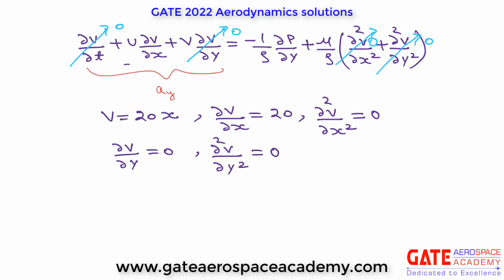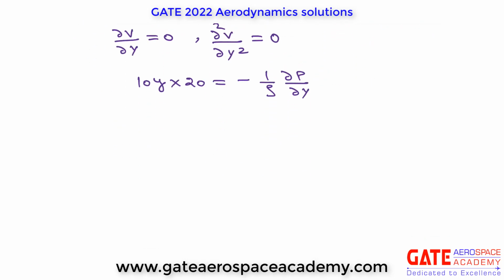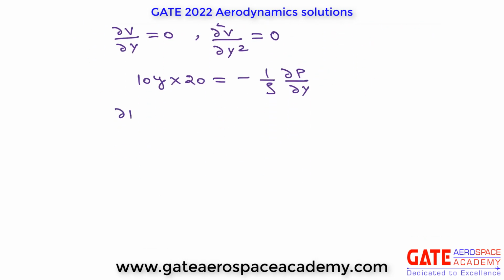So we have u into dou v by dou x. So u is 10y into dou v by dou x, that is 20, is equal to minus 1 upon rho dou p by dou y. From here we can write dou p by dou y is equal to minus 200 rho into y.